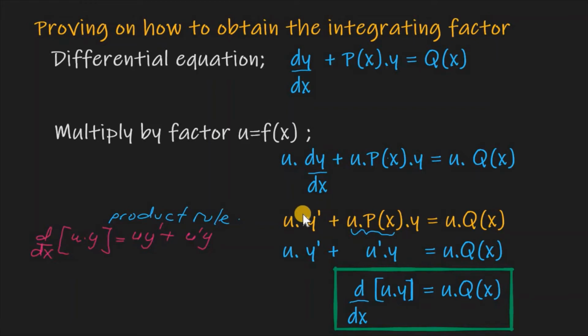So that is why for this portion, if this is u prime, we can actually combine this. From u y prime plus u prime y, we can combine it so that it becomes like this. As for the right side, we have u times q.